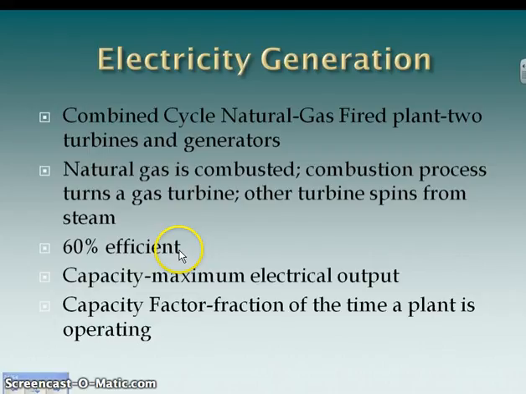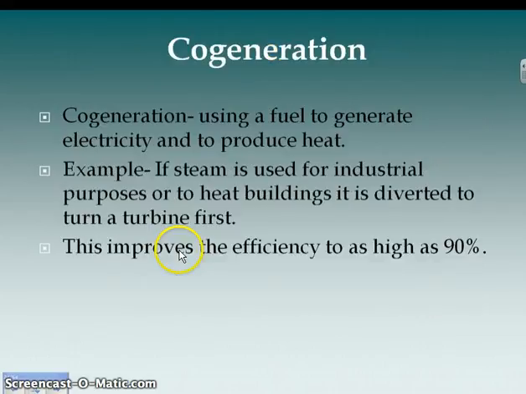If you're talking about wind, the wind turbines are only going to be able to spin if it's windy. So that's only a fraction of the time. Solar power plants are only going to be able to produce electricity when it's sunny. Again, a fraction of the time. So that's a capacity factor.